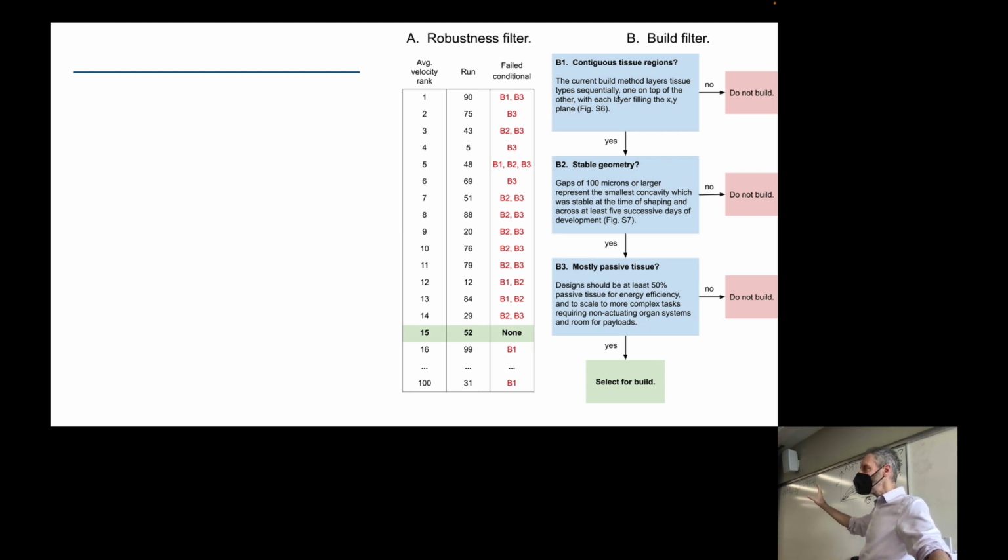Okay, if a given Xenobot design passes these 2 filters, we move on to the 3rd one, which is that the design needs to have at least 50% passive tissue, 50% skin tissue. This seems like kind of an arbitrary choice. The reason is, again, we're trying to guard against balls of muscle, but we also want to leave room, so to speak, for other things.